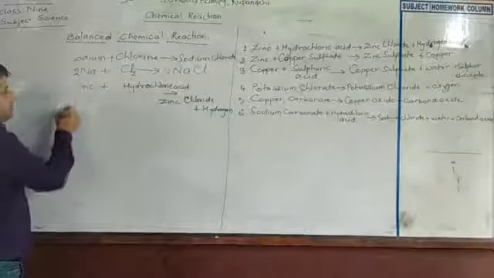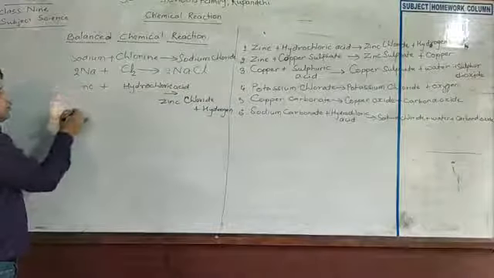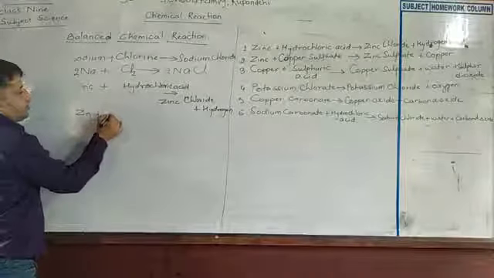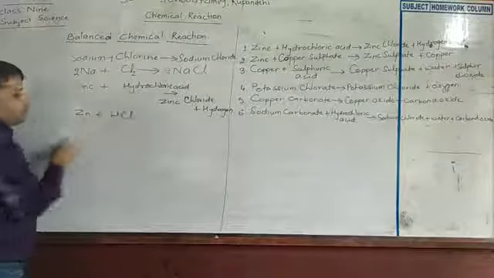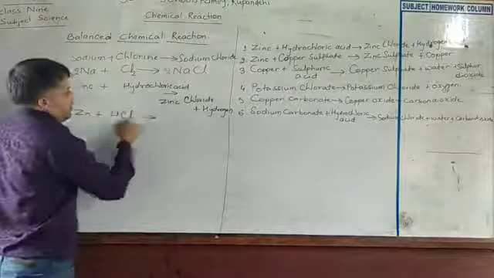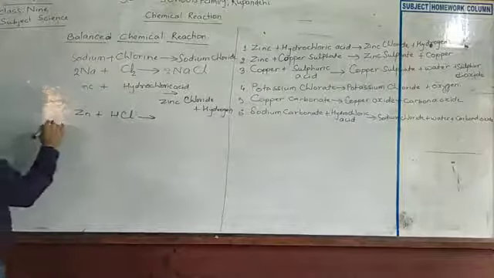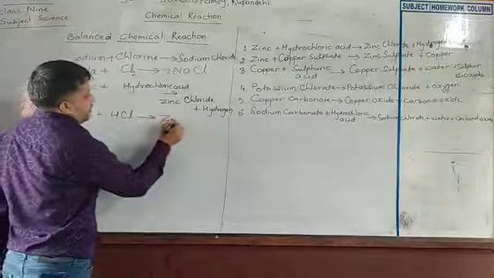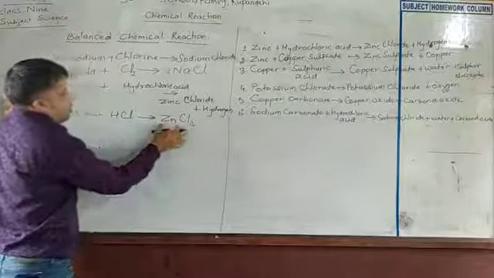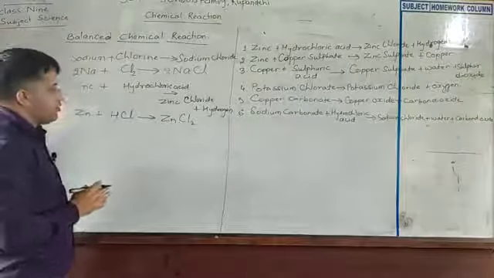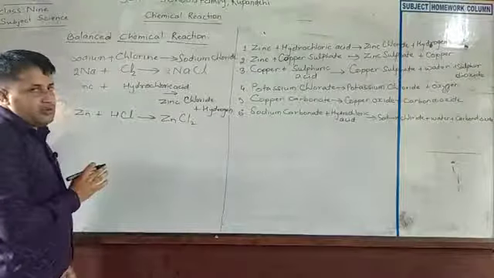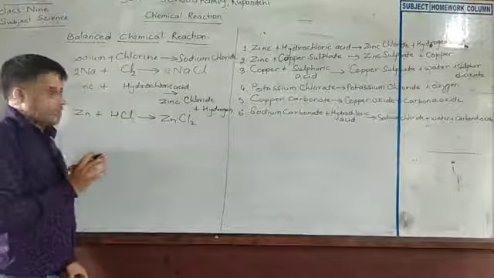Let's see. So write the formula there. Formula equation: Zn plus hydrochloric acid, the formula you know, HCl, and zinc chloride you know, ZnCl2. And how to get ZnCl2, this formula we have already learned in the previous chapter.